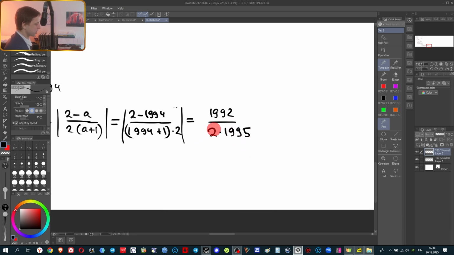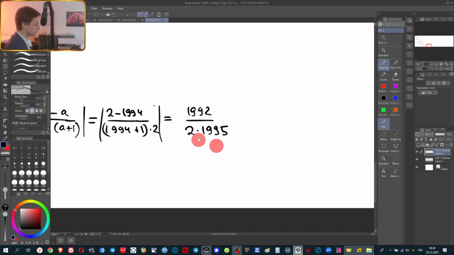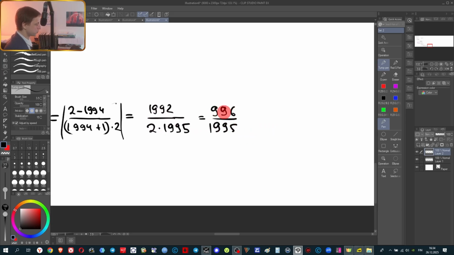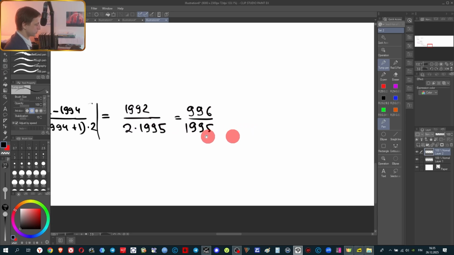Okay, so this one is divisible by 2. When we divide, we will get 996 over 1995. So 996, yeah, perfect. So this one is obviously divisible by 3, and this one is divisible by 3.